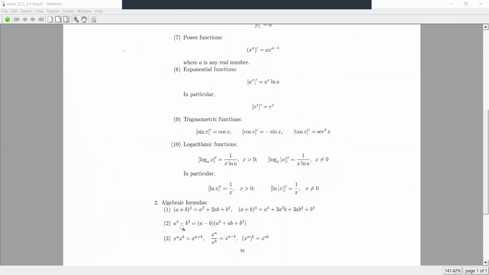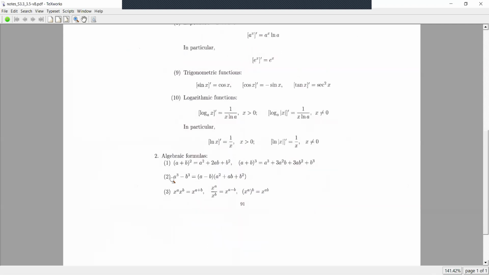A to the third minus b to the third can be factored into (a minus b) times (a squared plus ab plus b squared). x^a times x^b is x^(a plus b). (x^a)^b is x^(a times b).